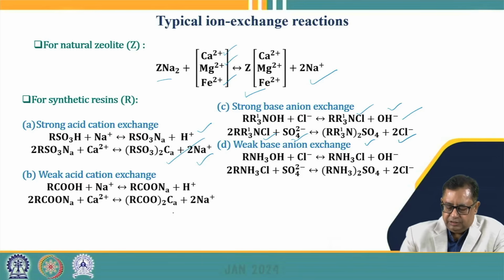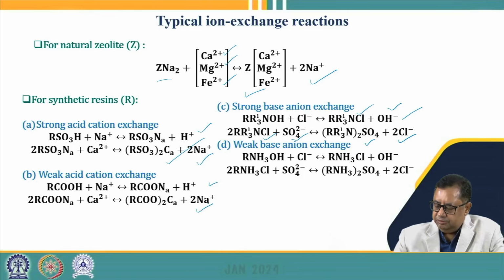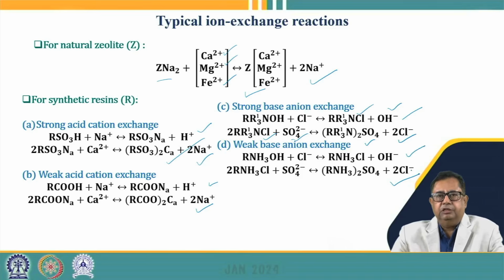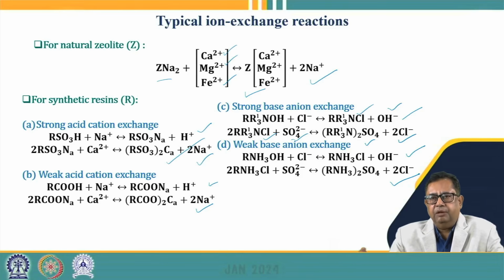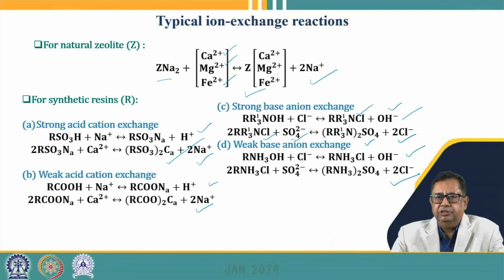Similarly, the same reactions will happen for the weak acid cation exchange resins, and similar reactions will also happen for weak base anion exchange resins. The typical thing is that these reactions are reversible, and they can happen in both ways, and these types of reactions generally happen when the equilibrium conditions are maintained.